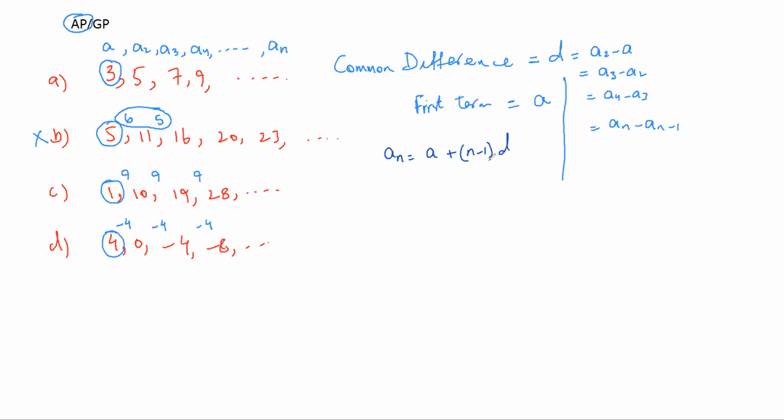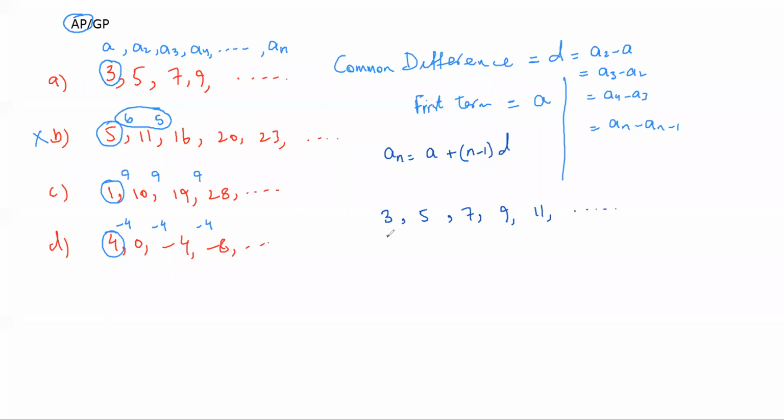If you just look at this formula, you can easily see why the formula is like this. For example, if you look at this sequence here, this is 3, 5, 7, this is 9, then 11, and so on.